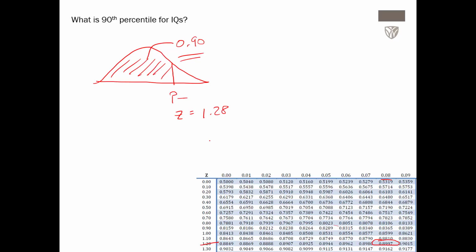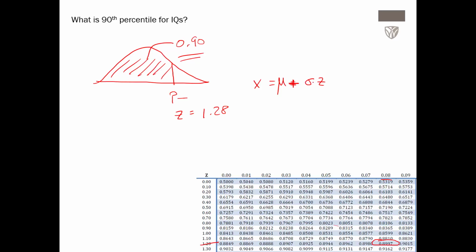But we're not quite done yet, because that z-score would actually be the value from a standard normal distribution, and our distribution has a mean of 100 and a standard deviation of 16. So if we do a little bit of algebra, we could figure out that an x would be equal to mu plus sigma times that z-score, right?